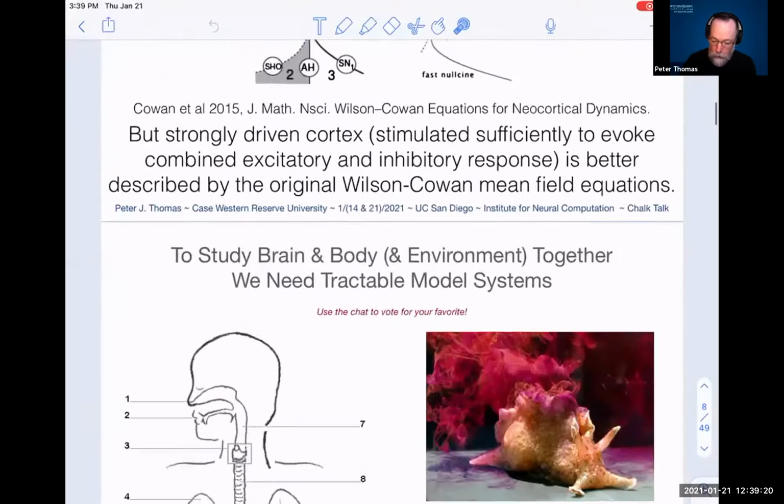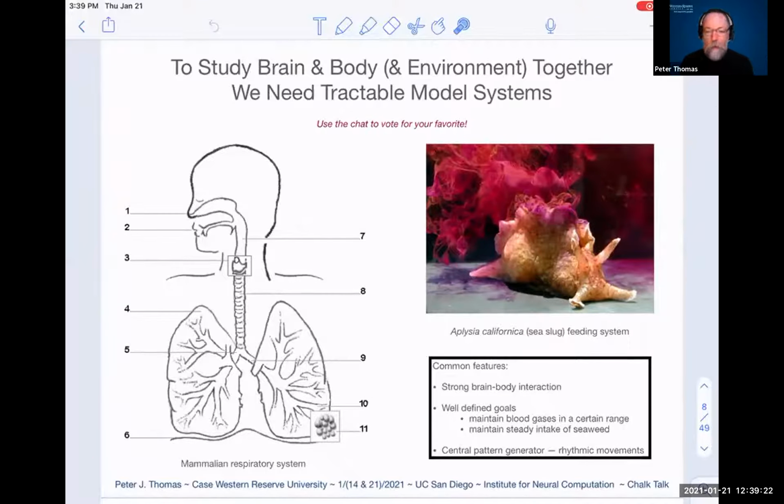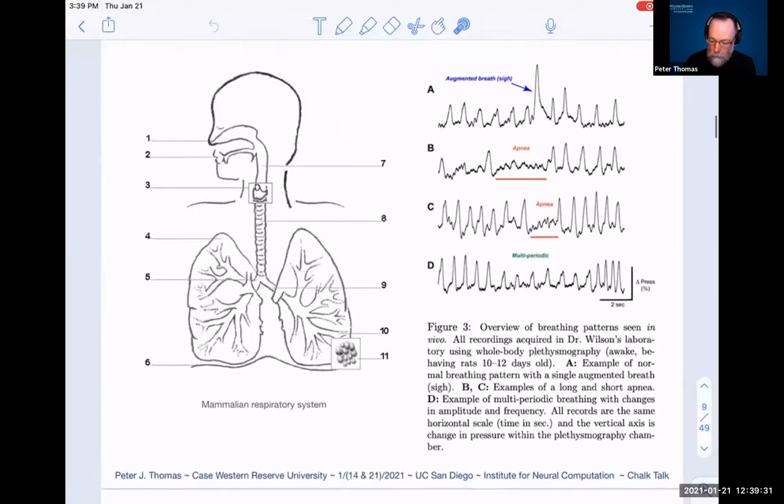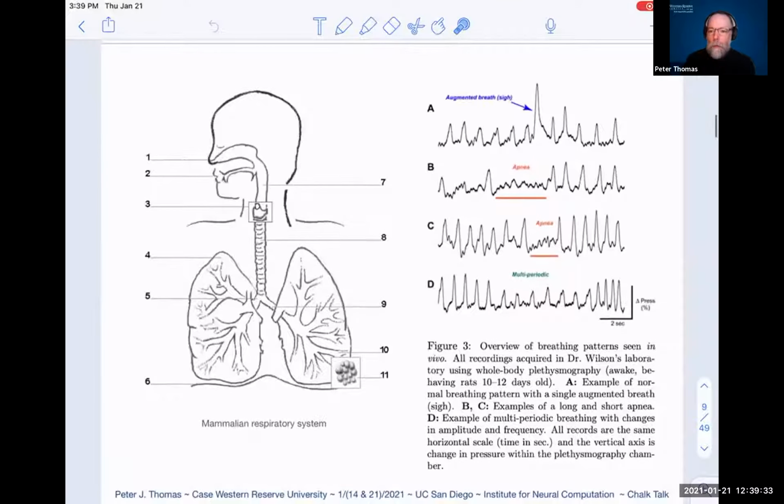Okay, so let me jump ahead now. Last time we voted which example system to look at, and last time we looked at the sea slug. So now we're going to look at mammalian respiration. On the top right is an experimental figure from my collaborator, Chris Wilson at Loma Linda University.